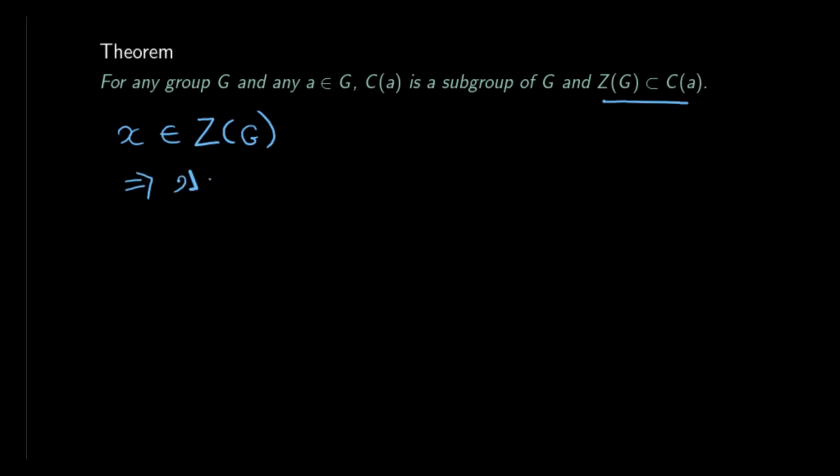Therefore, x times A is the same as A times x, and this tells us that x belongs to C of A. Therefore, the center of the group is always contained inside the centralizer of A.